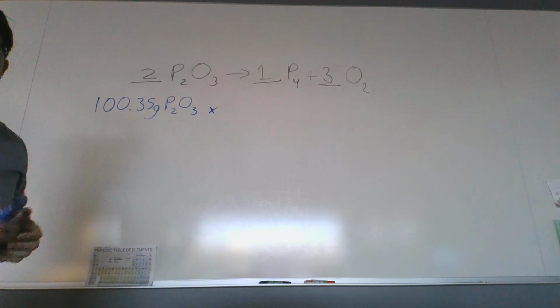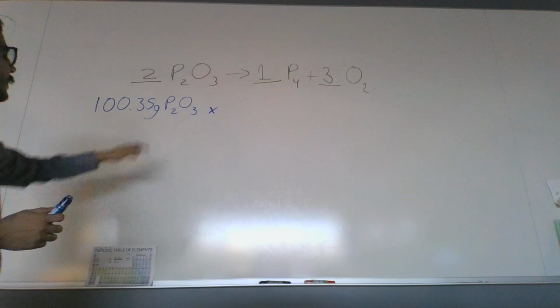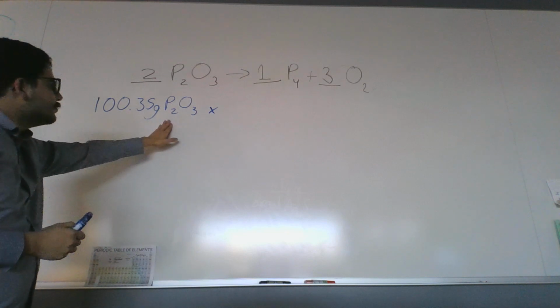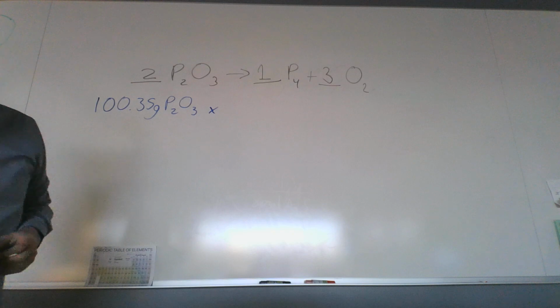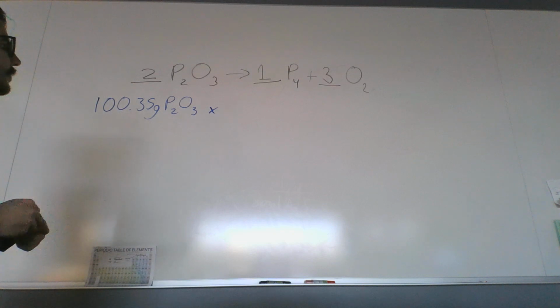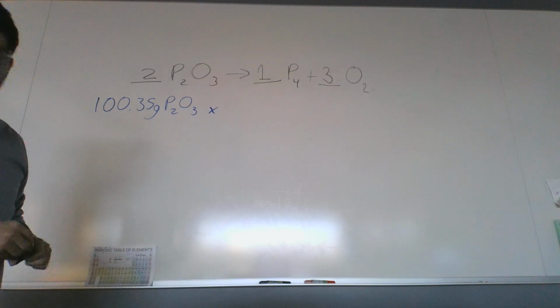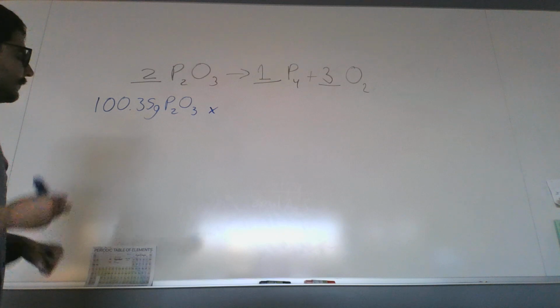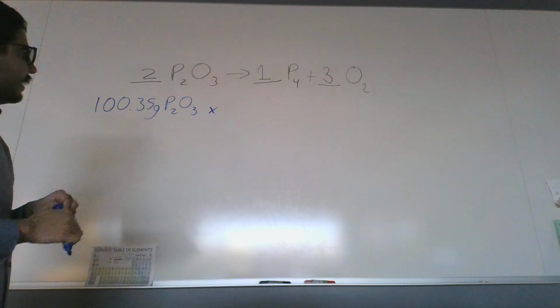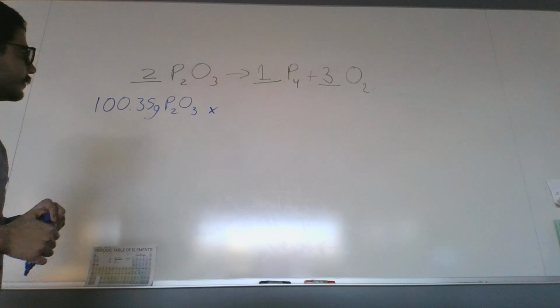But before we do that, we need to take things step by step. If we have the grams of P2O3, we need to solve the moles of P2O3, and we use the molar mass of P2O3 to solve for that.